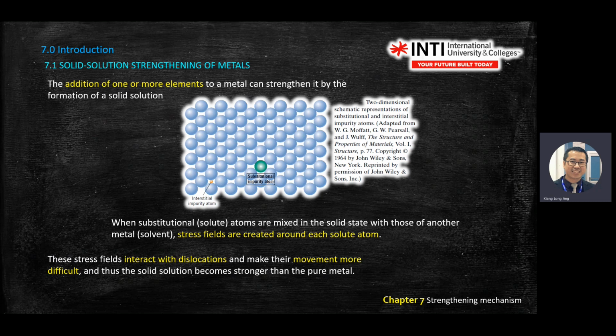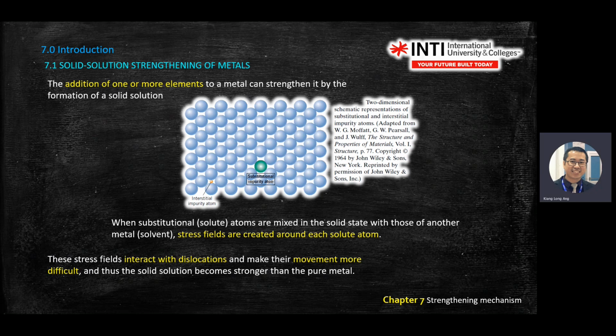When you push the green ball, if it has a bigger atomic radius, it creates stress. It means it will take up some space there, so the movement will become harder. When the movement becomes harder, it gives you the strengthening behavior.